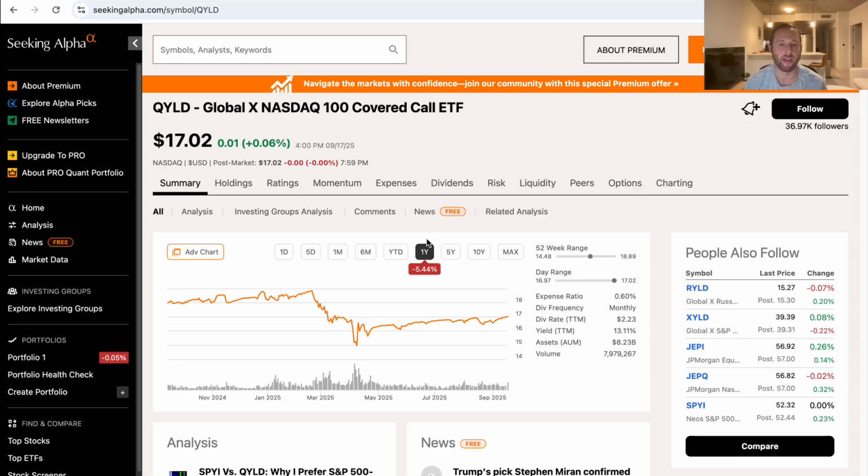NAV erosion will happen everywhere, but with covered calls especially, it's going to have a more sizable impact because we're so reliant on the covered call income, the options premium, to pay out that yield, and all these funds are offering a very attractive high yield, and that's how they attract you. So we want to be cognizant of this. We want to understand what we're investing in and make sound decisions as a result.